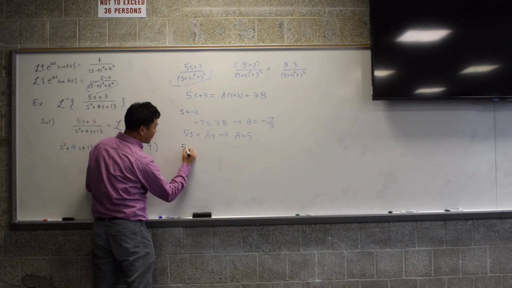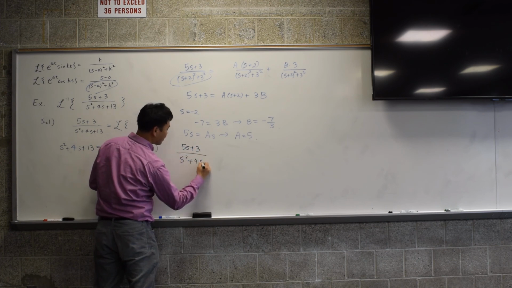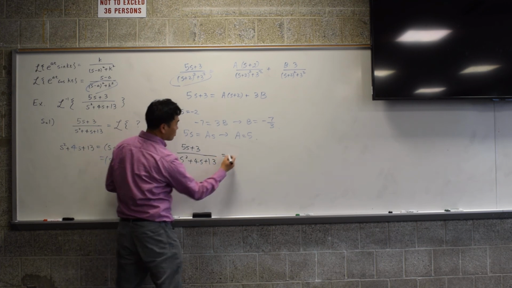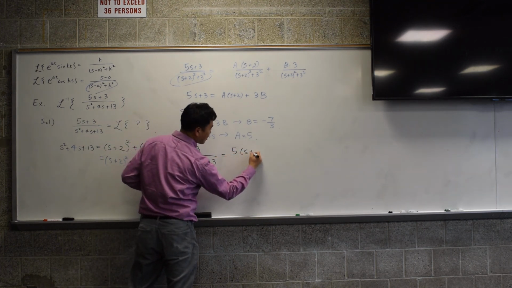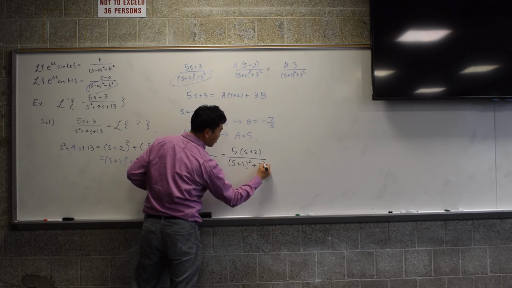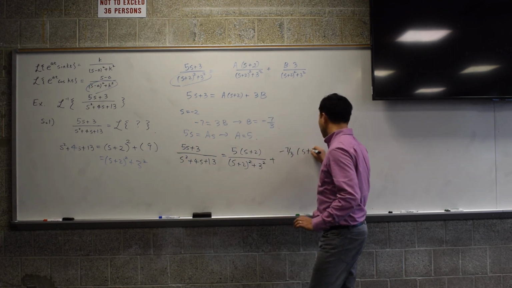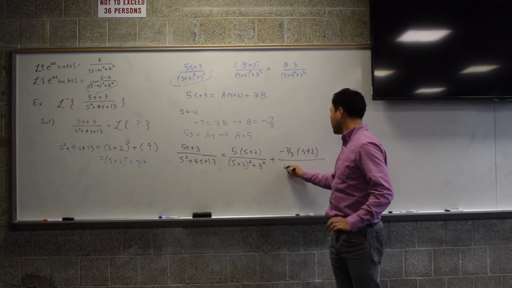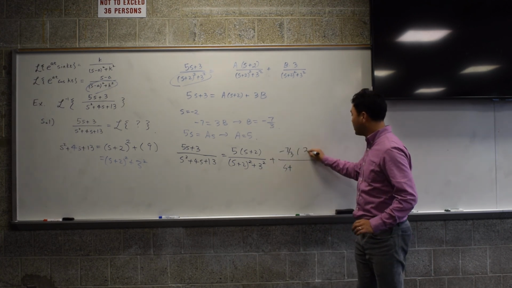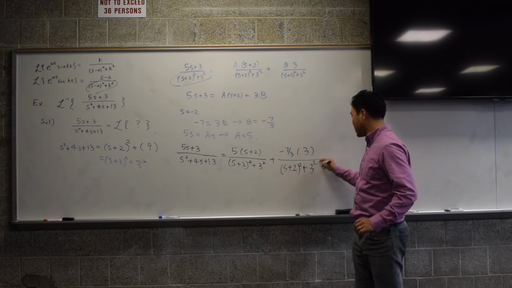So (5s + 3)/(s² + 4s + 13) is equal to 5 times (s + 2)/((s + 2)² + 3²) plus negative 7/3 times 3/((s + 2)² + 3²).